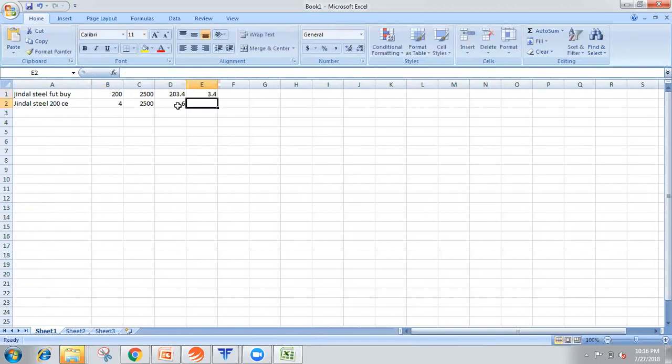So here you got 3.4, here you got a 2 rupee loss, and you got 1.4 as profit. So near about 3,500 rupees of profit you can get.